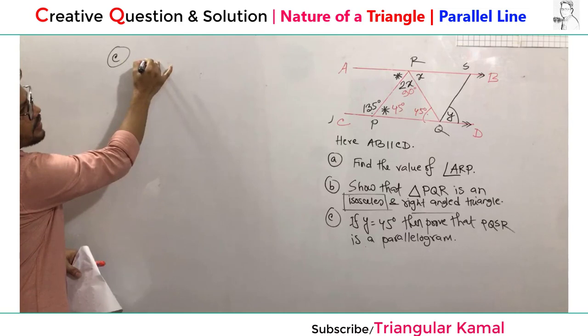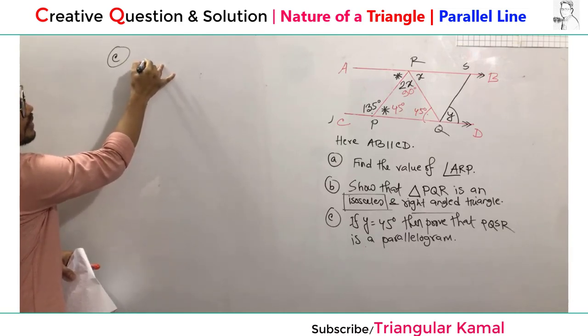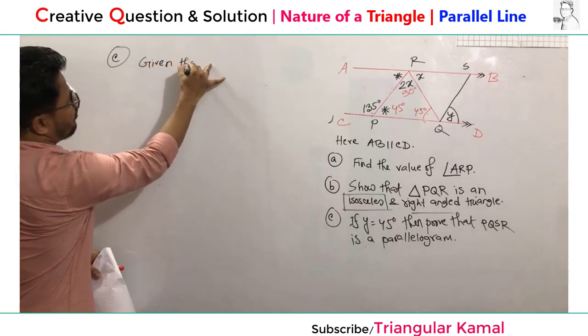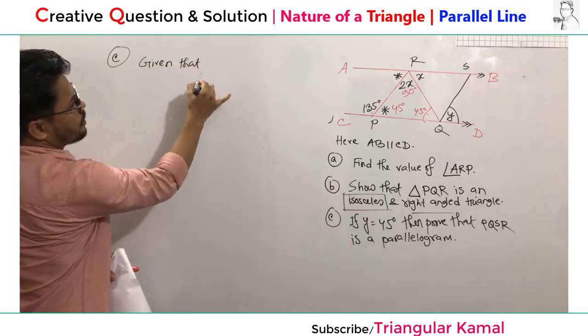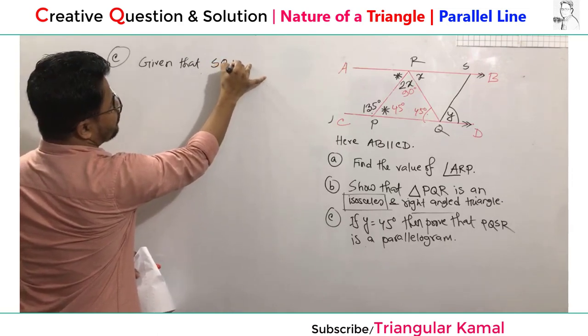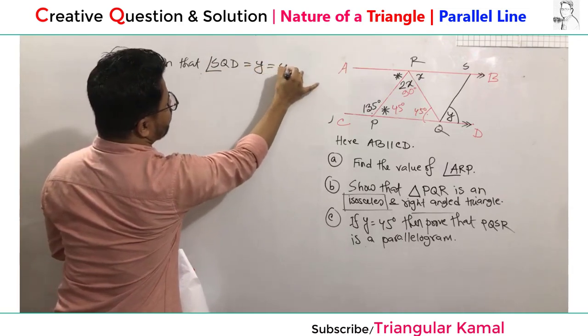Question number C. Given that angle SQD equals y equals 45 degrees.